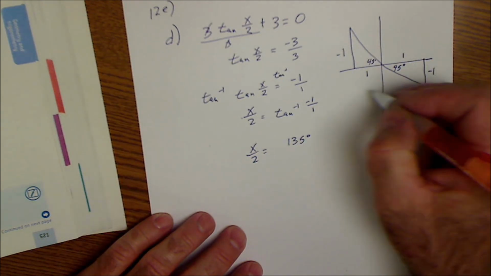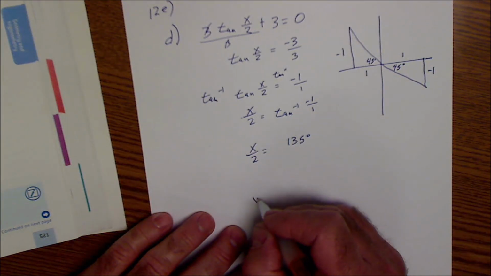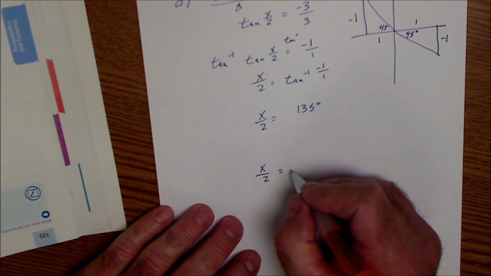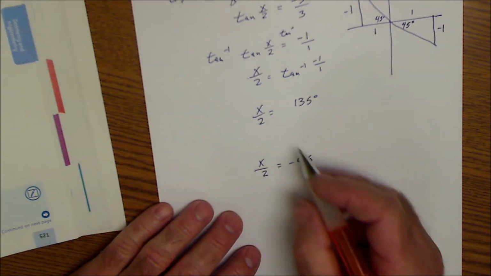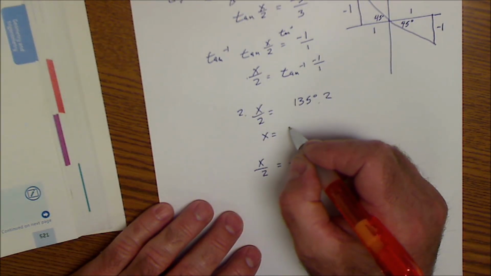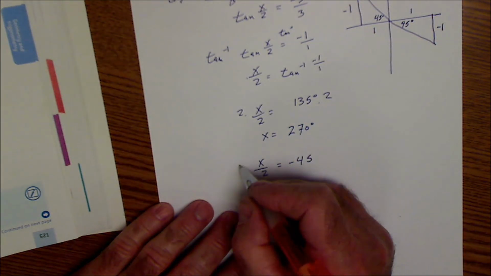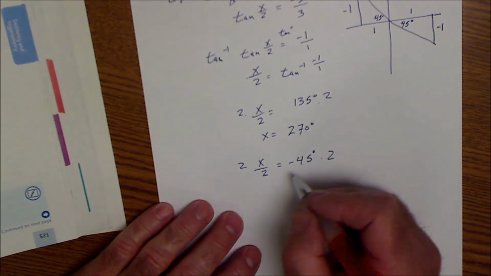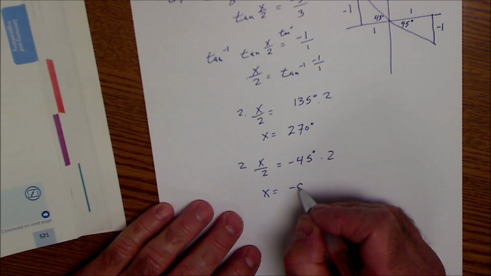Or going this way, negative 45 degrees. Solving for x, I multiply both sides by 2, and I get x by itself is equal to 270 degrees. Multiply both sides by 2, and x is equal to negative 90 degrees.